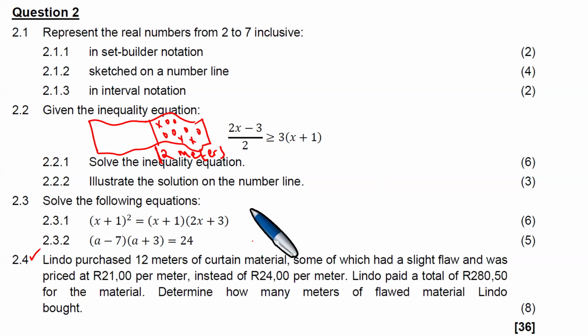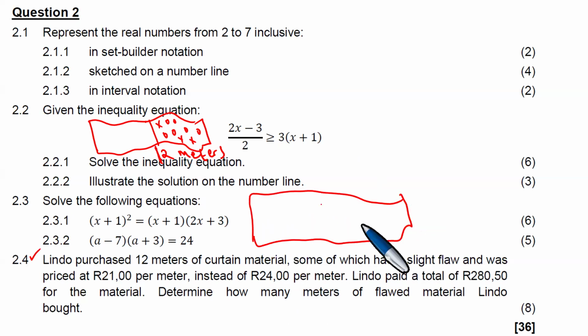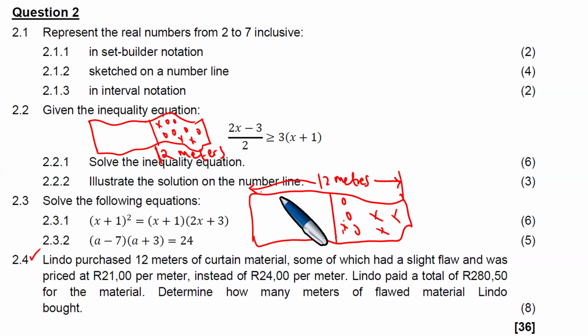So obviously what we're dealing with here is curtain material. Some of it has holes and is damaged. All in all it is 12 meters of curtain material, some of which had a slight flaw and was priced at 21 rand per meter.